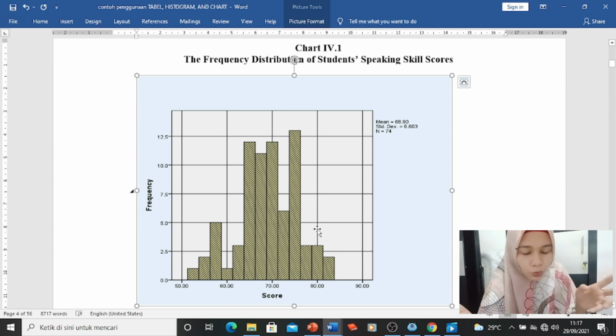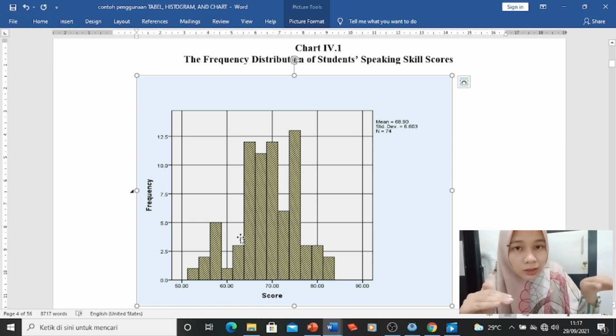Or if we can notice the different data, the different scores from this chart, you may see that there are 1, 2, 3, three bars for the score, and they are similar in height. Jadi sama tinggi dia.